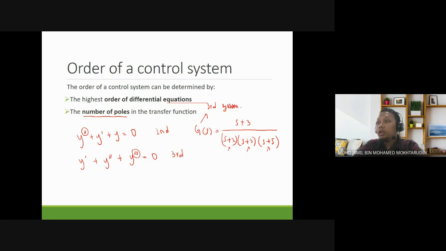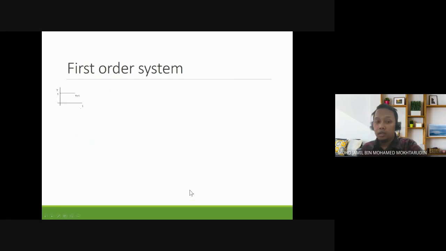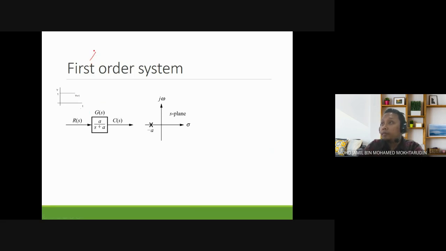So you can look at the order of a system by looking at the highest order of differentiation, or at the number of poles a transfer function has. Okay. So for now, in this lecture, we look only at first order systems first. A first order system basically has y prime only, or one pole.